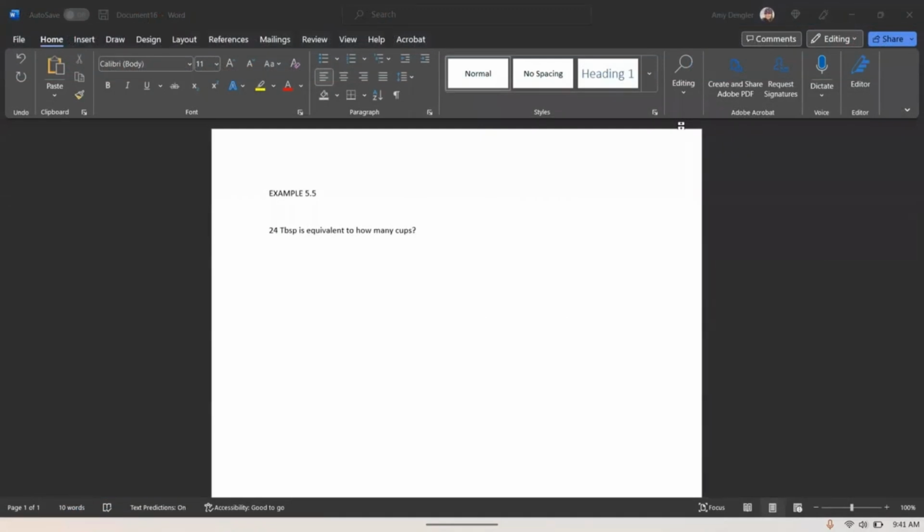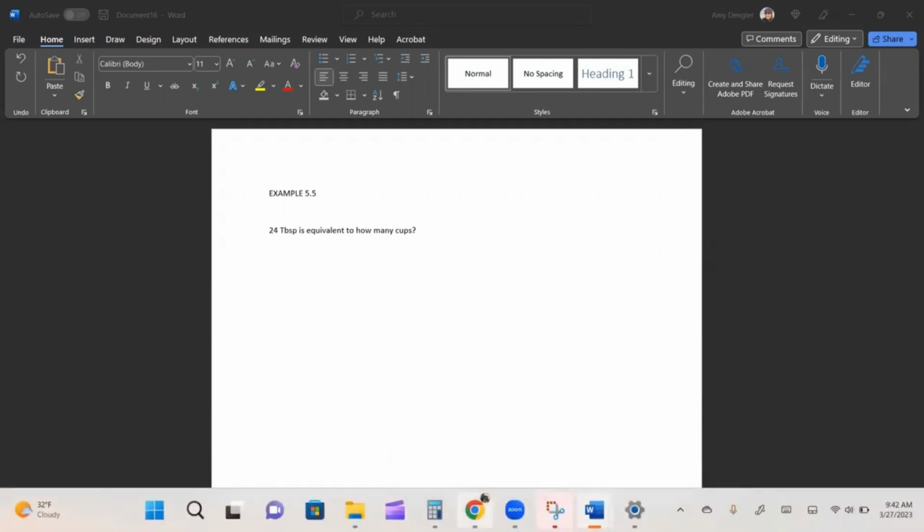Example 5.5, 24 tablespoons is equivalent to how many cups? So this is in the book, they're showing using dimensional analysis, but we are going to just use proportions. So we need to find a proportion between tablespoons to cups, but there isn't one.